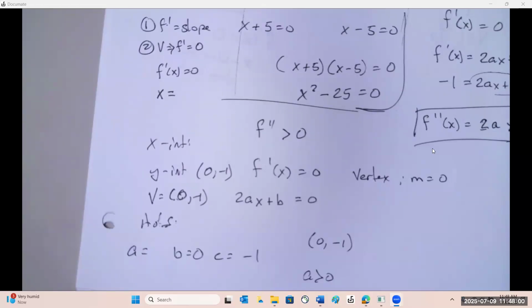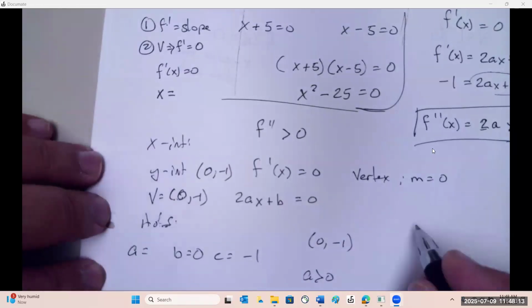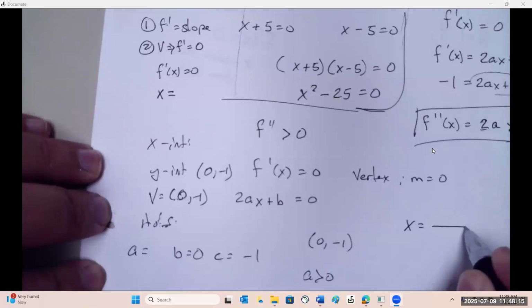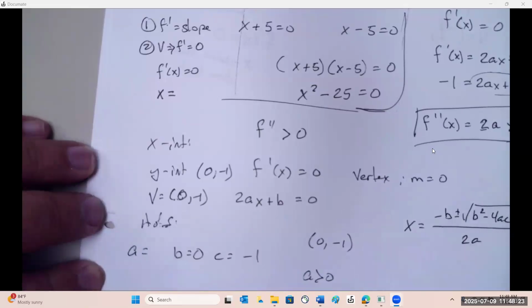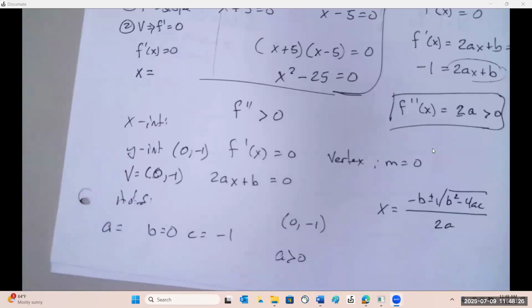What part will help us find the a value? What we could do, hear me out, you could work your way backwards.